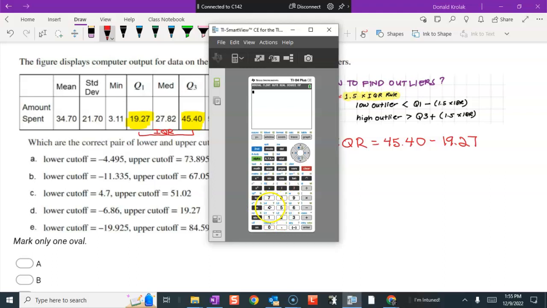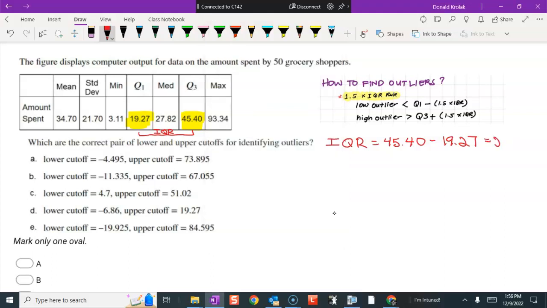Okay, so our IQR is 45.2613. To get the lower outlier, it has to be less than Q1 minus 1.5 times the IQR.